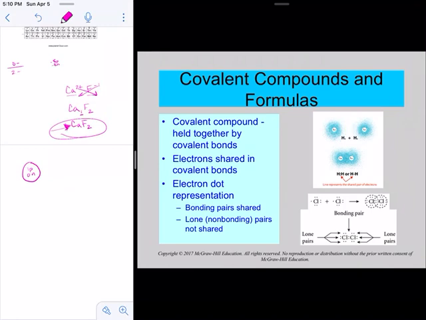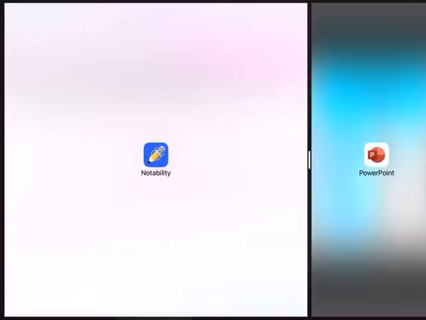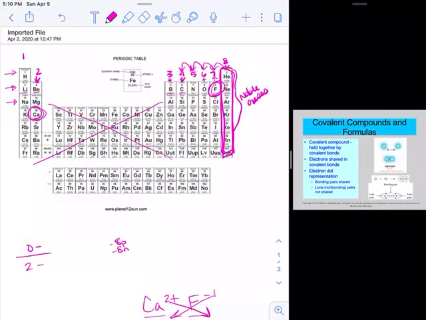And how many outer electrons does hydrogen have? Well, what group is it in? It's in group 1. So that means that it has 1 outer electron right there. Okay, well, what does it want to have? Well, here's sort of a trick. You might be inclined to say that it wants 8.